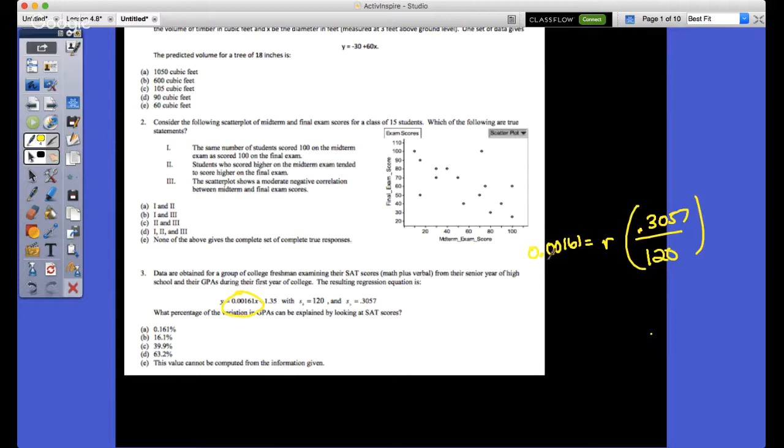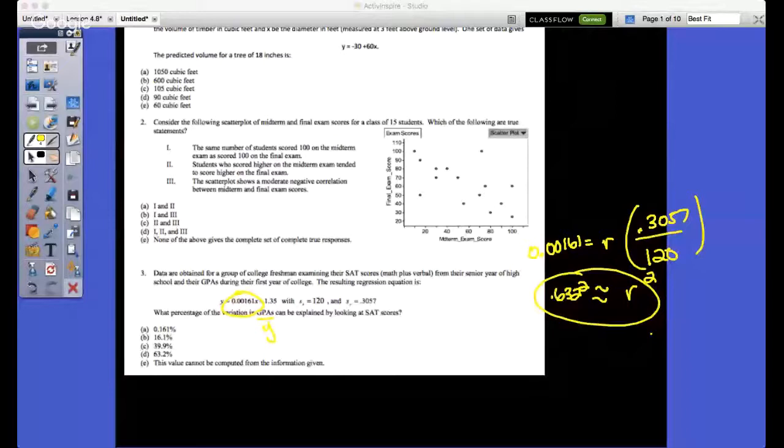Okay, so let's do this. r is approximately 0.632. But remember, this is not r squared. The percent of the variation in GPAs, or variation of y, that can be explained by x on my least squares regression line, we've got to get by squaring 0.632. So we take 0.632 and square it.